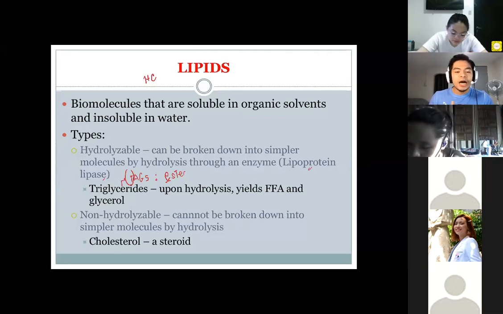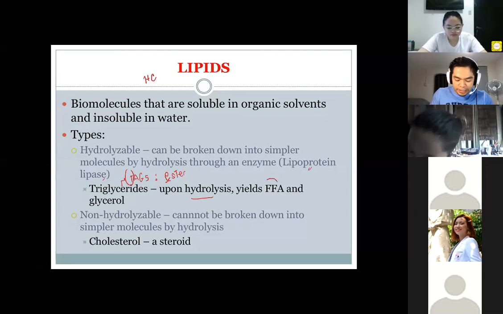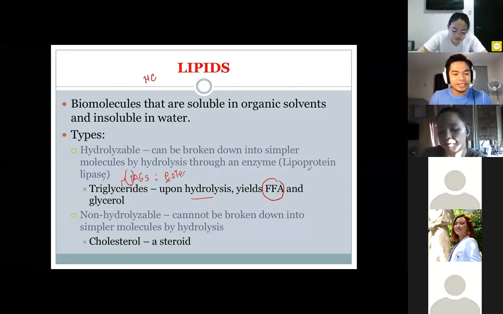So, that's why hydrolyzable sila kasi upon hydrolysis through lipoprotein lipase, this results in the formation of what you call as FFA. So anong ibig sabihin ng FFA? That means free fatty acids. And also we have glycerol.